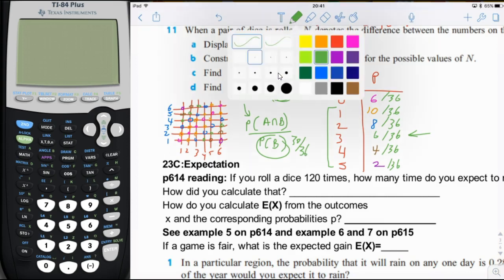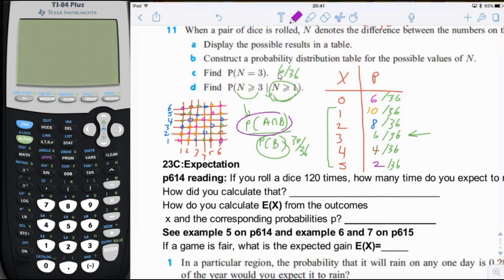What about the probability that both A and B happen, which is that n is greater than or equal to 3 and n is greater than or equal to 1? So that would be this part here. That would be 12/36, which is 1/3. Okay, I'll write 12/36 here.